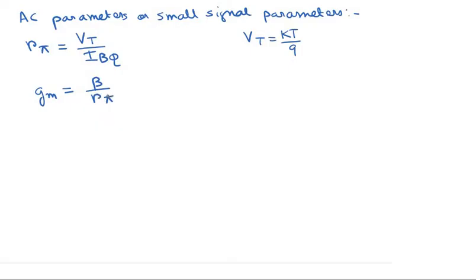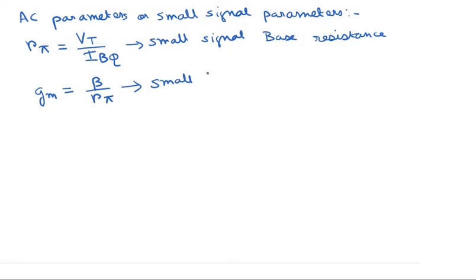So these two parameters we have already studied. R pi is known as the small signal base resistance, and Gm is known as the small signal transconductance.